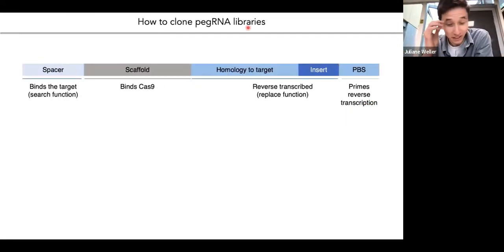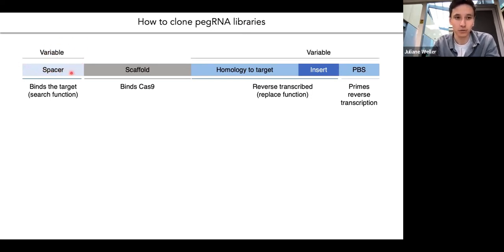And so maybe first a couple of words on the cloning. This was what Juliana showed you, the design of our experiment, but how do we actually make a screen? It's somewhat tricky to clone pegRNA libraries because a pegRNA consists of all these individual parts. You have a variable part, which is the spacer that finds its target in the genome.